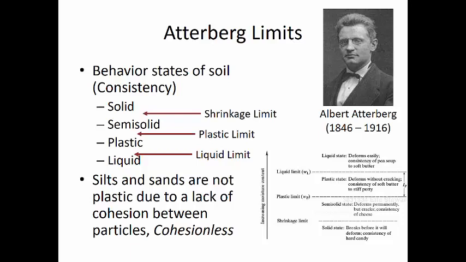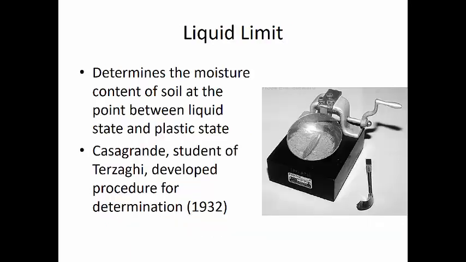The liquid limit is the moisture content at which the soil starts to flow like a liquid and be less like a plastic. And so the range at which the material is plastic we call the plasticity index. And that is the difference between the liquid limit and the plastic limit. All right, so the liquid limit test, and remember that is where we look at the range at which the material becomes in a liquid state rather than a plastic state.